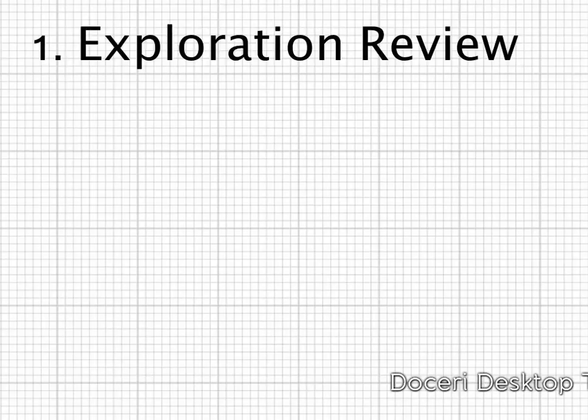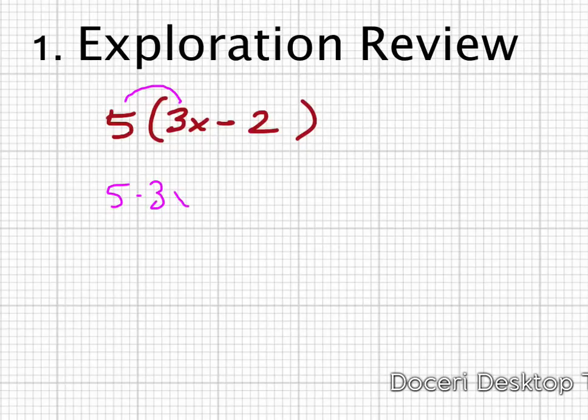So when we take a monomial like 5 and multiply it by something else that has 2 terms, we're either going to have addition in here or we're going to have subtraction. So let's just say I have 3x minus 2 inside. What we're going to use is the distributive property. So we're going to take this 5 and multiply it to 3x. And then we're going to multiply it to negative 2.